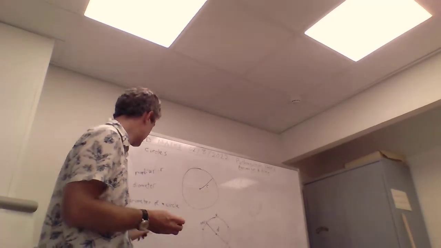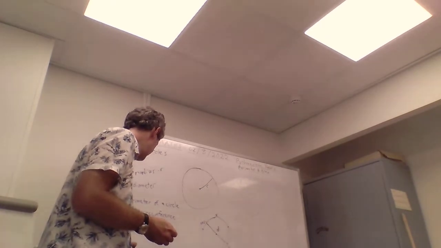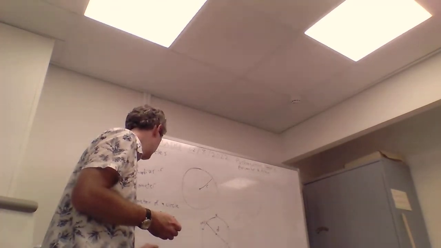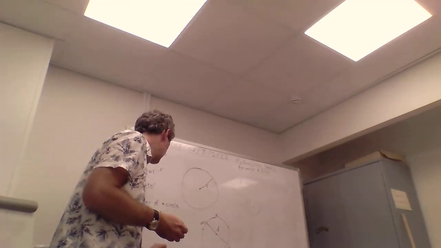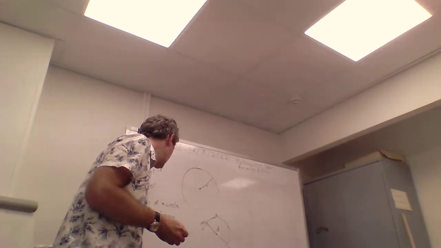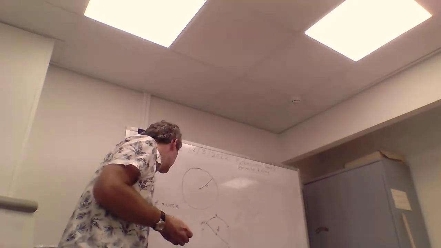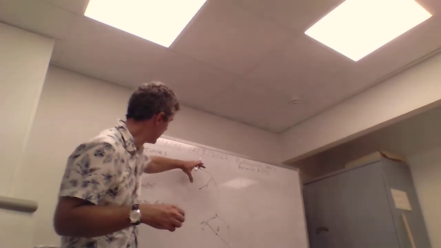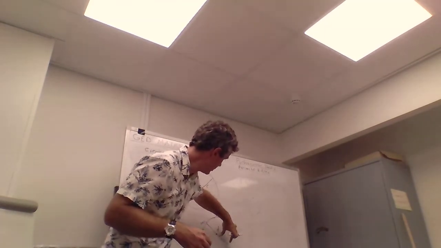Okay? And the circumference of a circle equals pi times d, or 2r times pi, because diameter is 2 times radius, right? Radius is this one, so diameter is 2.